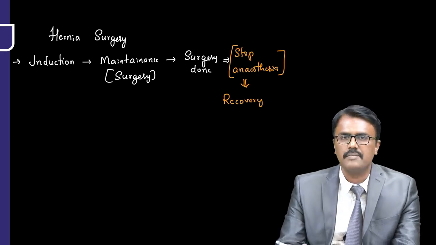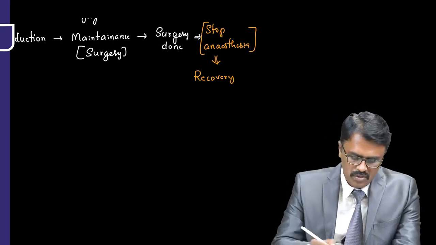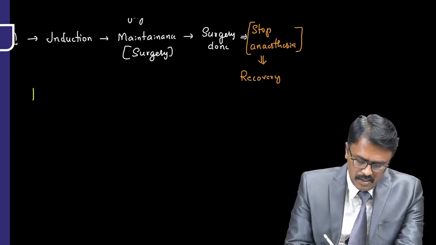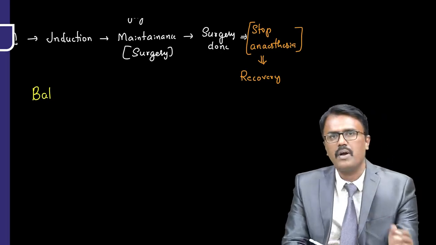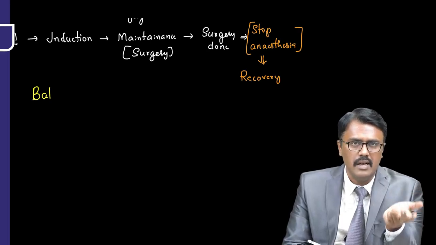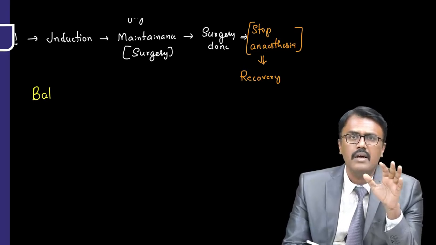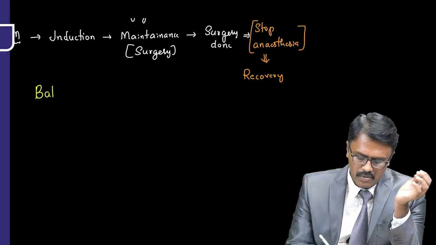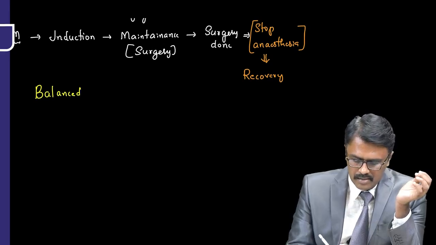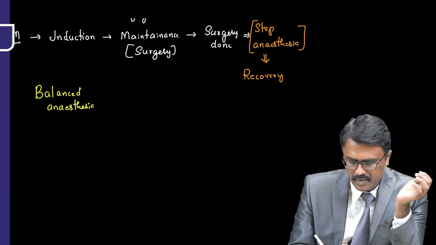Let us discuss that. Most of the anesthetics we use will not have all the properties we require during anesthesia: muscle relaxation, analgesia, sedation, and unconsciousness. Not every anesthetic has all these properties, so we have to give something called balanced anesthesia. What do we mean by balanced anesthesia?